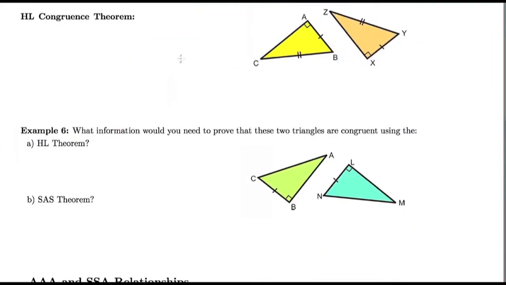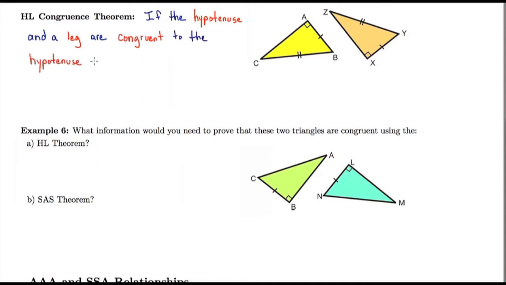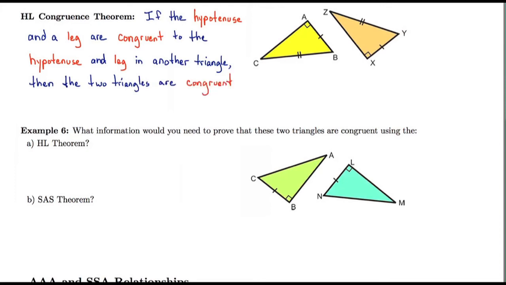There we go. Let's take a look at the HL congruence theorem. This theorem states, if the hypotenuse and a leg are congruent to the hypotenuse and leg in another triangle, then the two triangles are congruent.